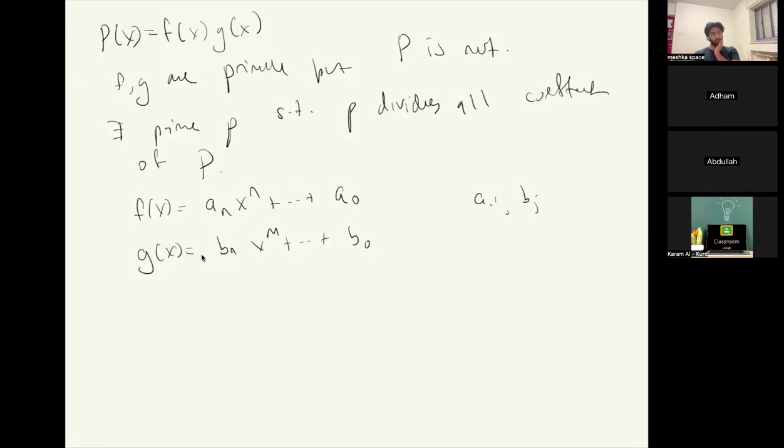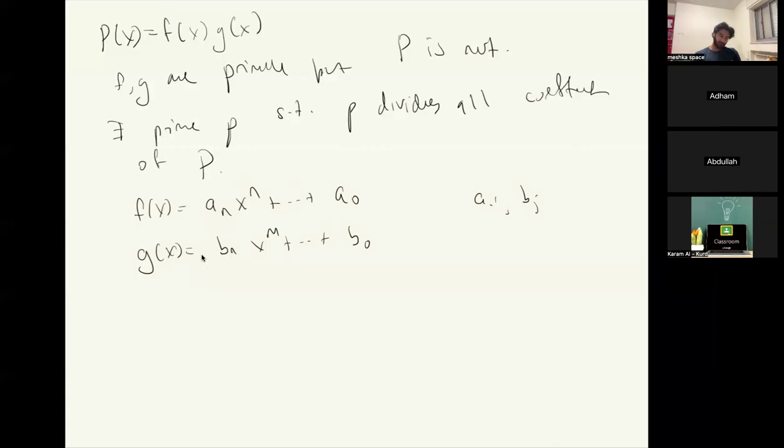Yeah, so you want to show that, well, we want to derive a contradiction, right? So let's go like this. Let's say we know f and g are primitive.